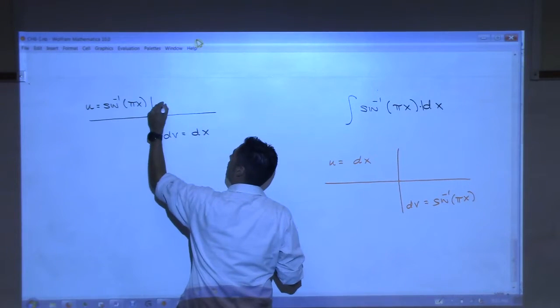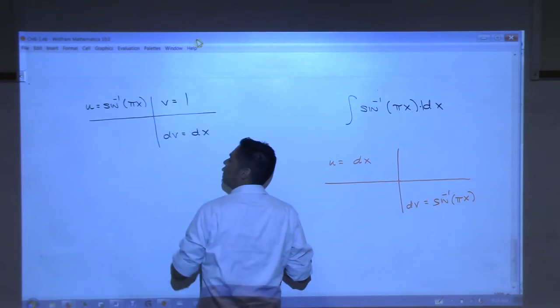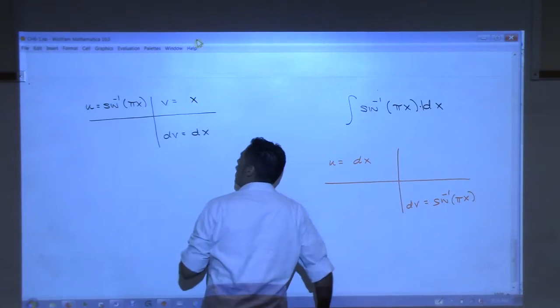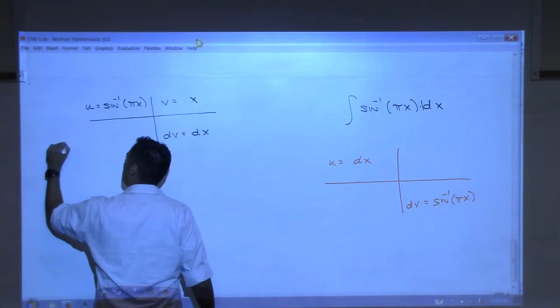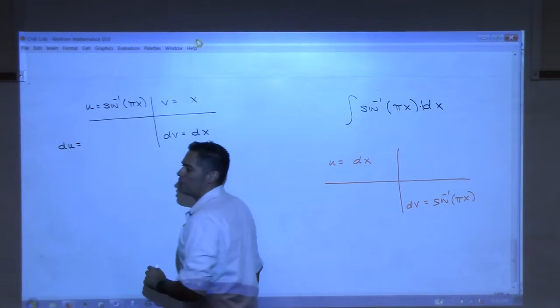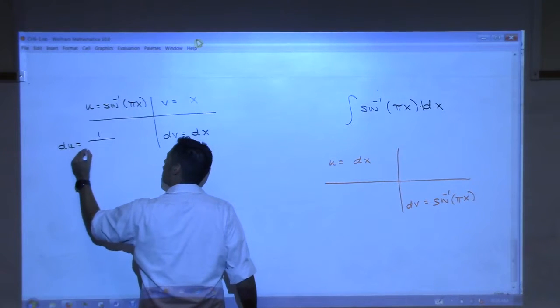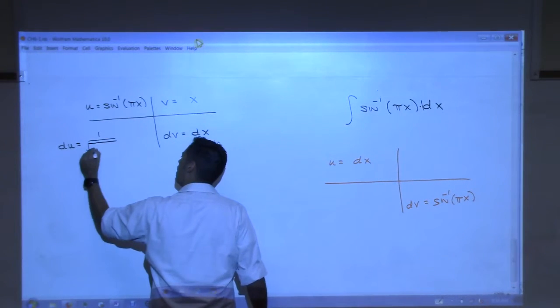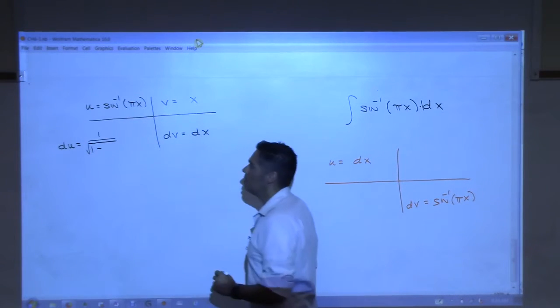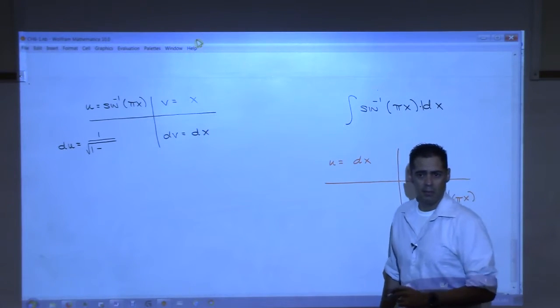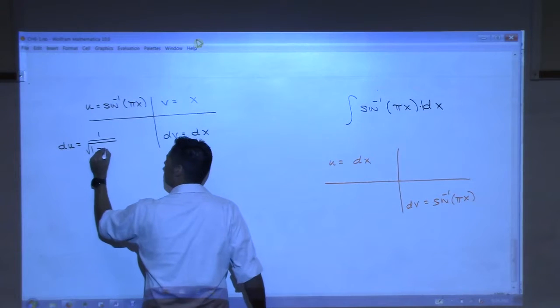Okay, so let's do this. I'll go up here first. v is going to be, not 1, x. And du: we learned what the derivative of arcsine of something is. It's 1 over the square root of 1 minus whatever was in there squared. Where am I getting that from?